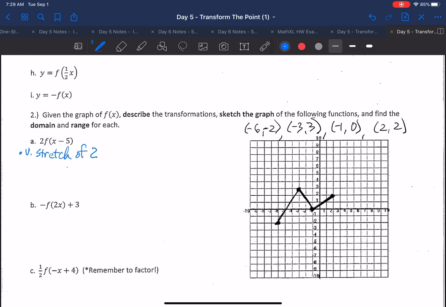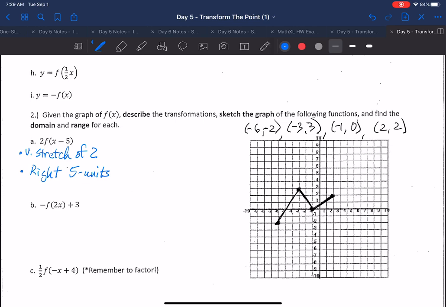That means all the y values are going to get doubled. And it is going to be moved left. Hope you yelled at the video. It's going to be moved right 5 units.